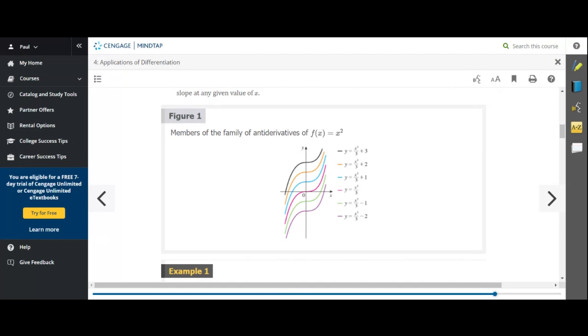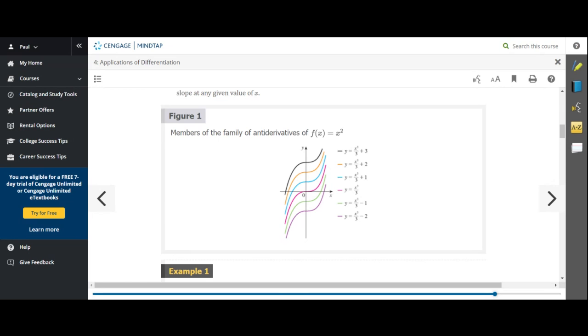They have y equals x cubed over 3 plus 3, y equals x cubed over 3 plus 2, y equals x cubed over 3 plus 1. They have all these antiderivatives. They form a family. So an antiderivative is not unique.